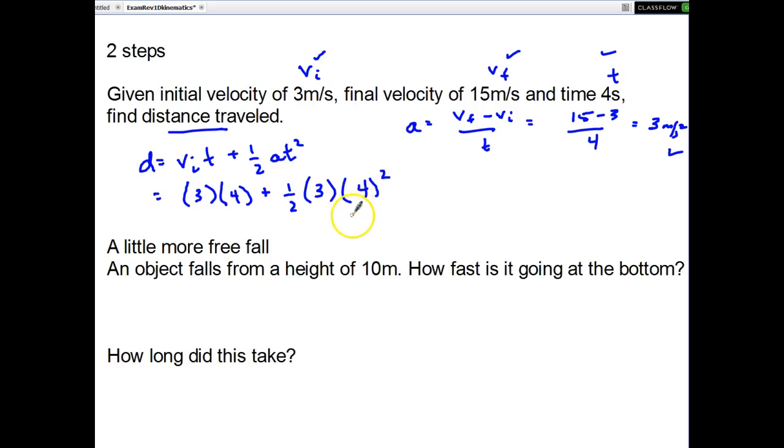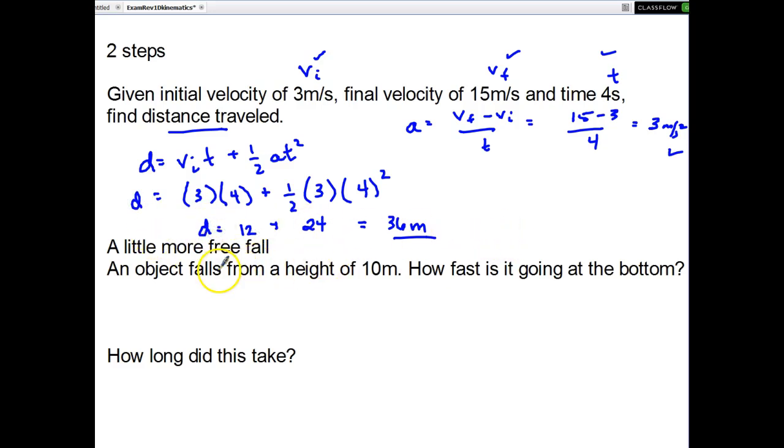So 4 squared is 16, and 16 times 3 is 48, and half of 48 is 24, and 3 times 4 is 12, and 12 plus 24 is 36 meters. So our distance equals 36 meters.